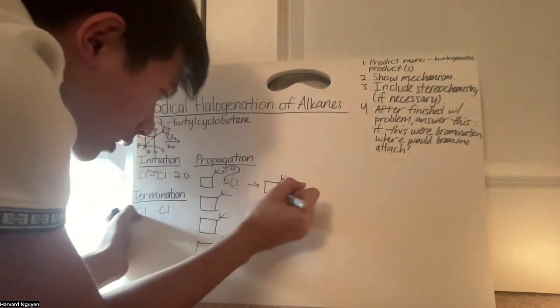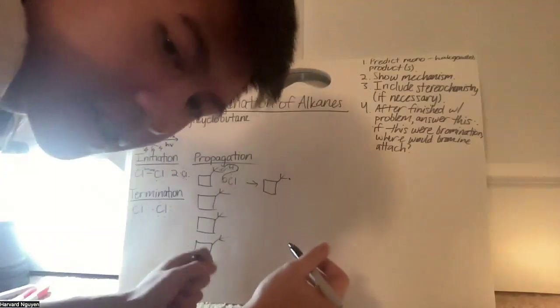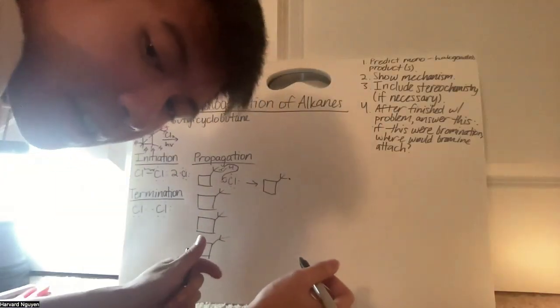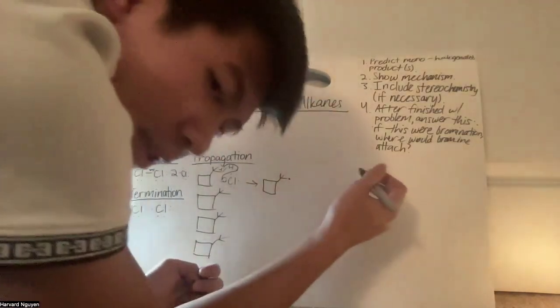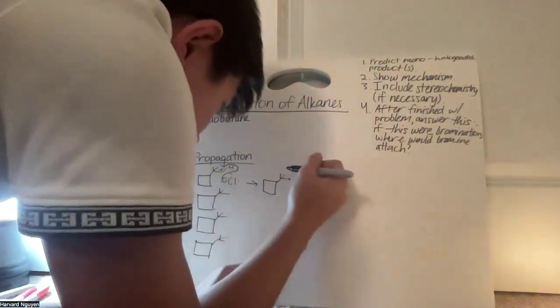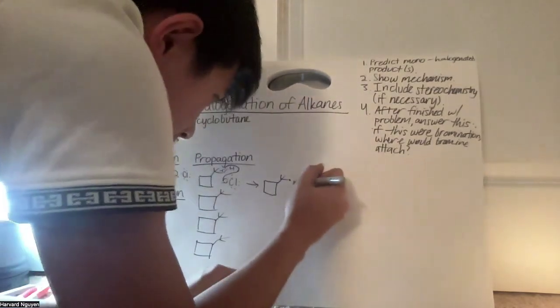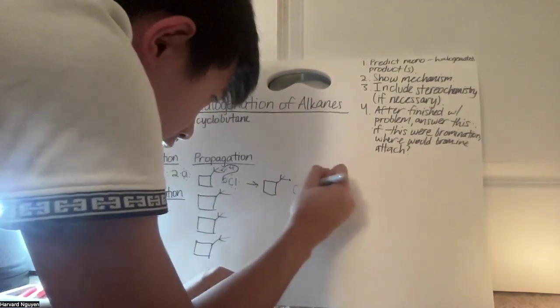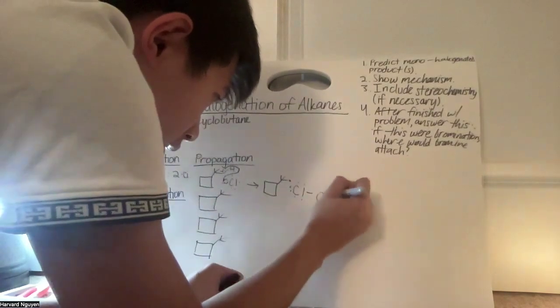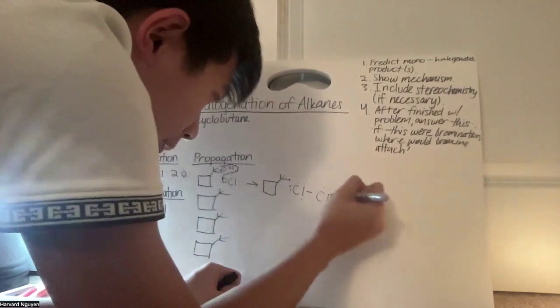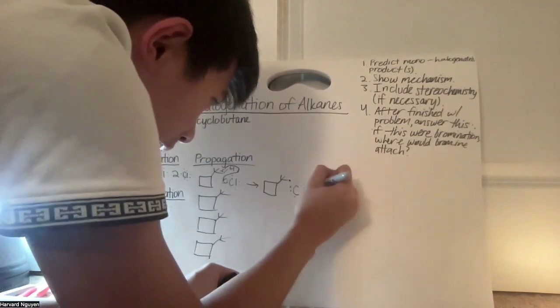The next step is a halogen abstraction. This is where we actually form our intermediate, which leads to our product. For this one, we're going to take a non-radical species and make it into a radical.